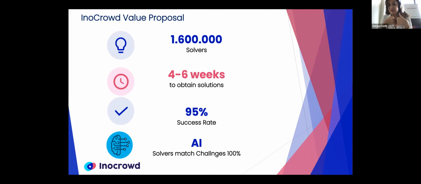We have made a partnership with the best open innovation platforms. One is HeroX from the United States, and the other one is InnoCentive, in the UK, and we share the solvers together. So together we have 1.6 million solvers.